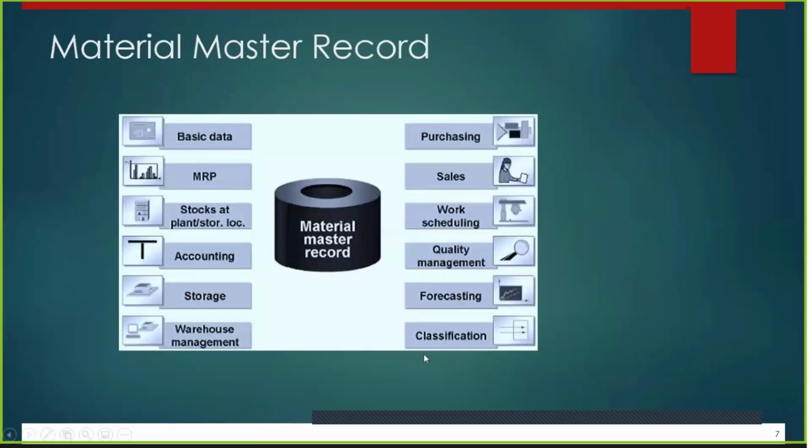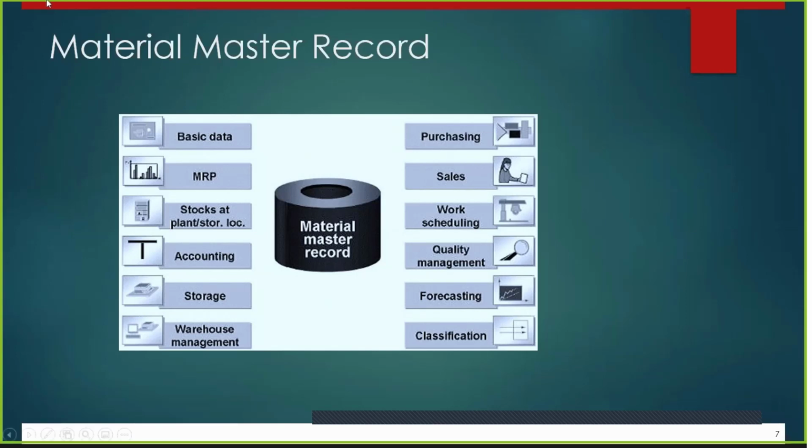Now we'll see what the material master data is. We already saw this in sales and distribution and material management, and we also use it in production planning. In each module there are views which are more important than the others.